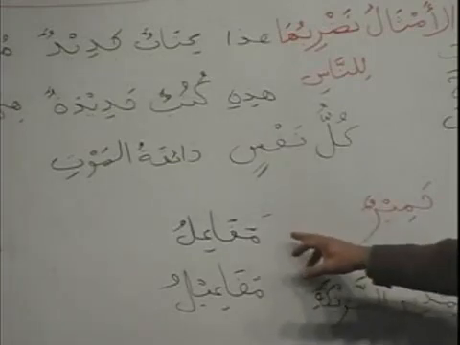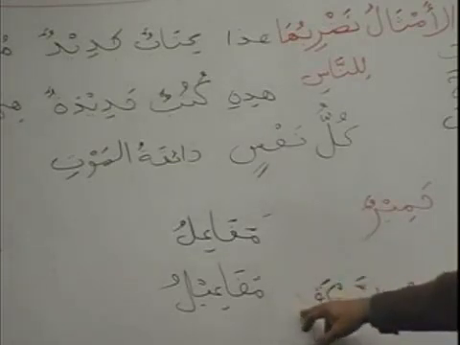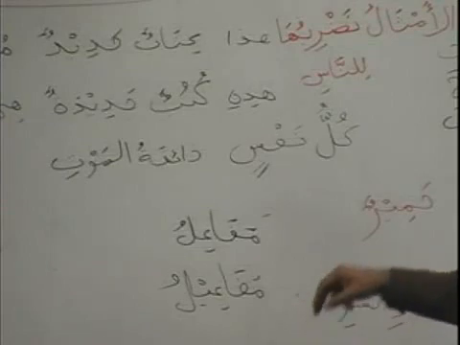Manadilu. Diptote. So, fundukun, fanadiku. Masjidun, masajidu. Madrasatun, madarisu. They are all diptote. If they are on the pattern of mafa'ilu and mafa'il, then they are diptote, inshallah. But we'll be repeating.